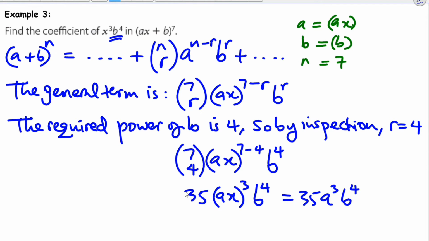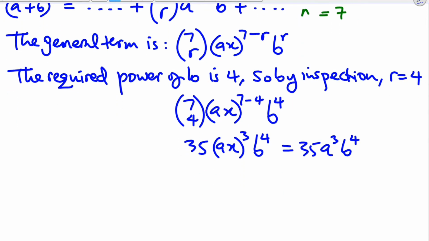So basically, the required coefficient here is, and by the way, this is x to power 3. So the coefficient is 35 a cubed. This is the required coefficient here.